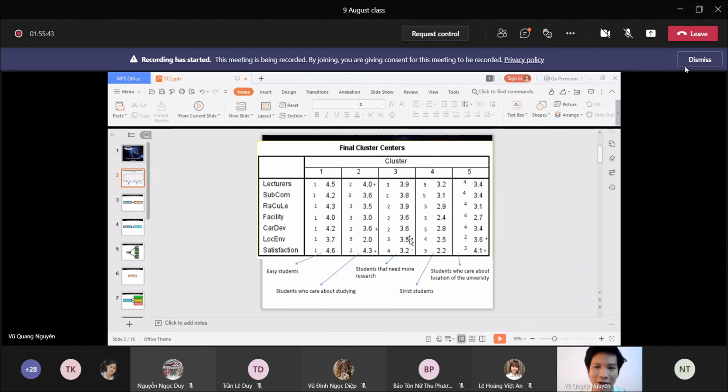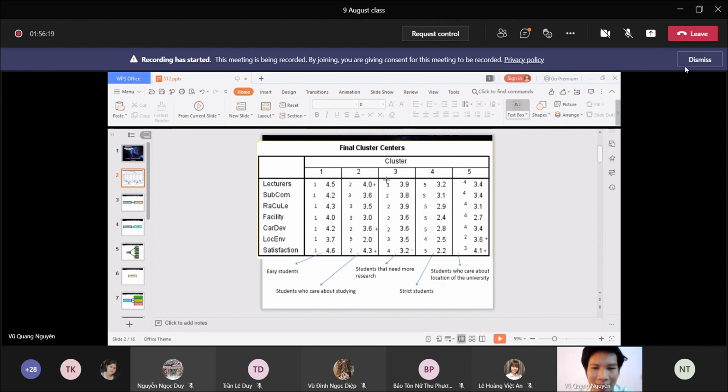There will always be easy customers and strict customers, and then you care about all the other clusters. Try to make the meaning, and the meaning here is what drives their satisfaction or what drives their purchase intention. Try to see which one has a positive relationship with satisfaction, and which one has a negative relationship.